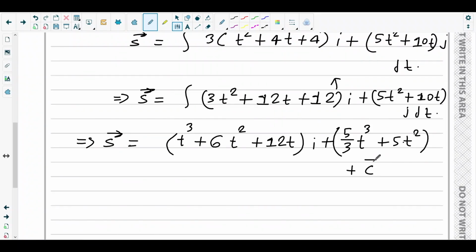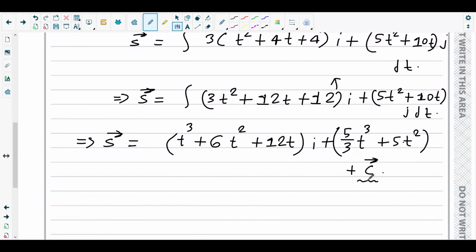The vector c is basically the lost constant vector in the differentiation process, because as we differentiated the displacement vector to get the velocity vector, this vector c was lost because it had only constants, and we know that constants have derivative 0.